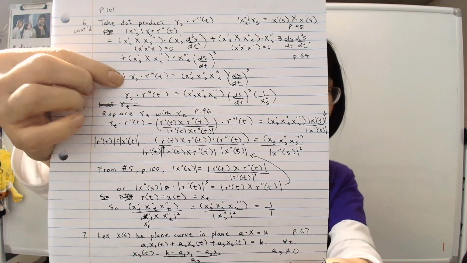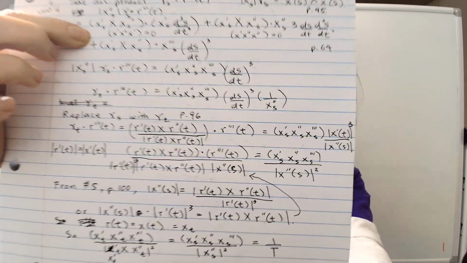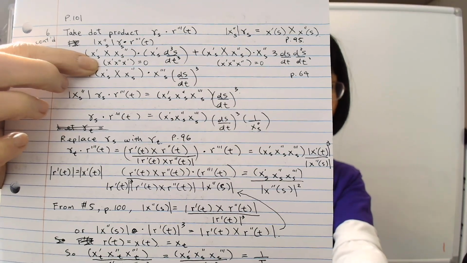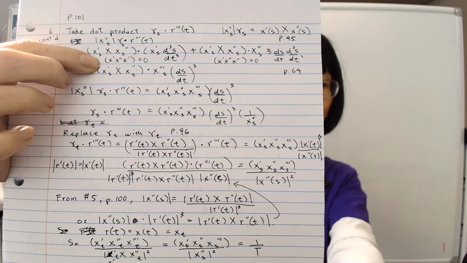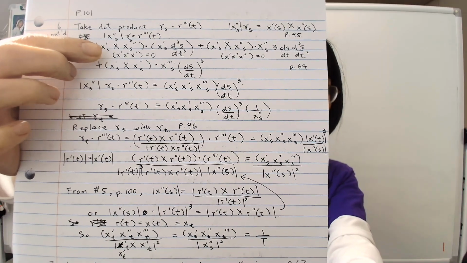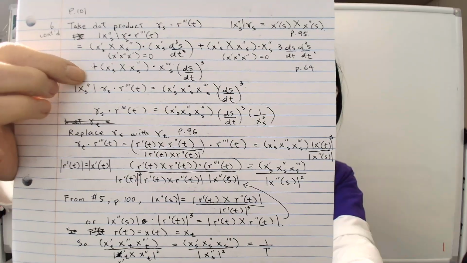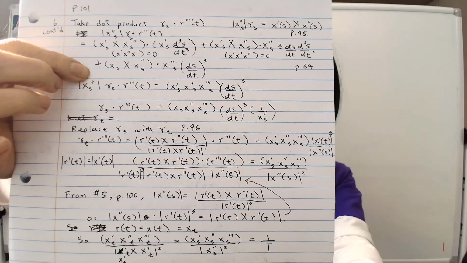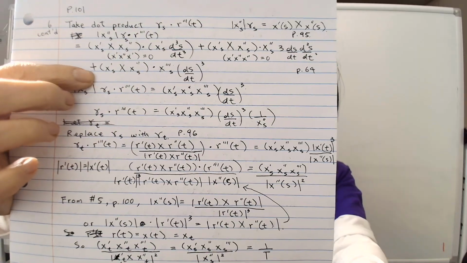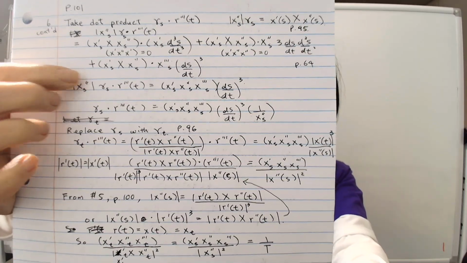Out of the 3 terms, you notice that the first one, which ends up being x prime, x double prime, x prime in a determinant, is 0 because it is a repeated row situation. Similarly the second one is also 0, again because of a repeated row. So we only have the third one left. That is a great sign. It's always great when all these complicated things go to 0 and we only have one thing left.